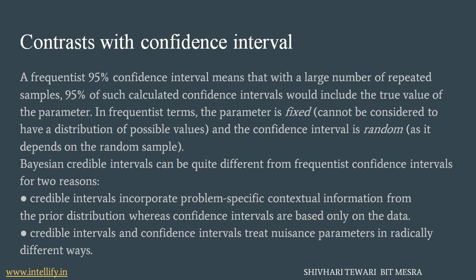That means we can say the credible interval could be based on the prior distribution, or we can say posterior events, while confidence intervals are only based on the data that we have taken from samples. The credible intervals and confidence intervals treat nuisance parameters in radically different ways.